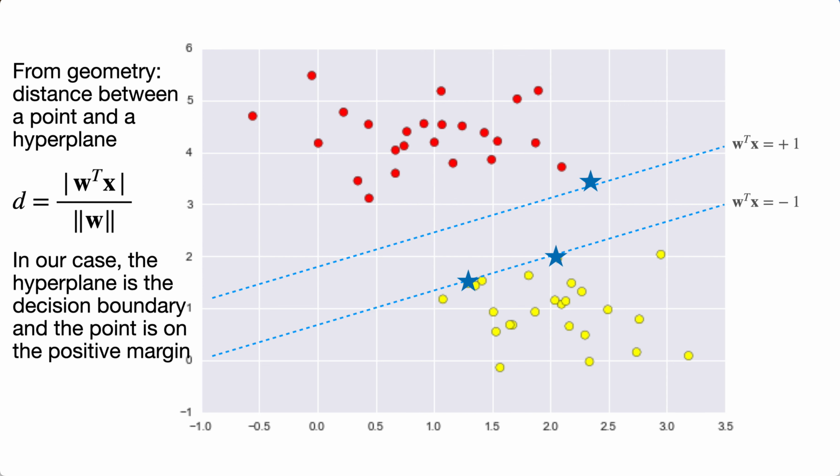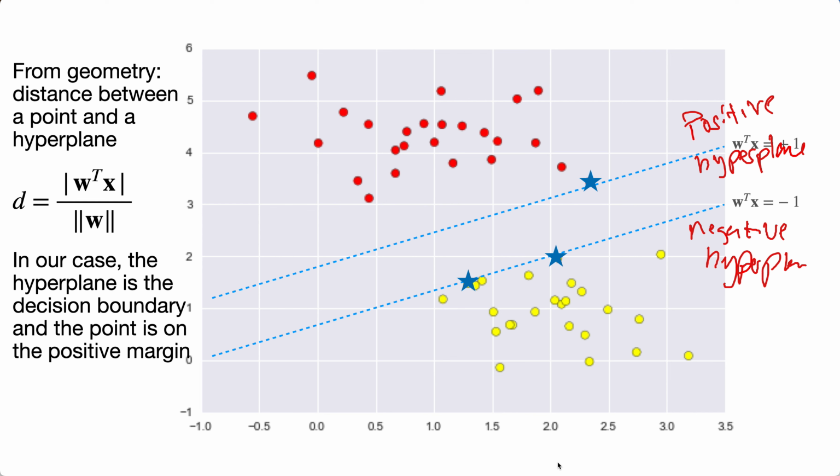So we're going to draw 2 lines, same slope in both cases. We're going to call this one the positive hyperplane, and this one is the negative hyperplane. These define the gutter. They define the no man's land where data points should not lie.